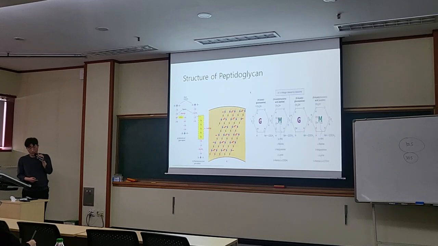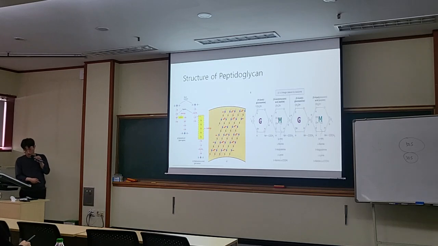And peptidoglycan is a compound composed of relatively short peptide linked to a polysaccharide chain, you can see. In particular, it is composed of N-acetylglucosamine, which we call NAG, and N-acetylmuramic acid, NAM, and the main components of the bacterial cell wall skeleton is attached to a peptide side chain.